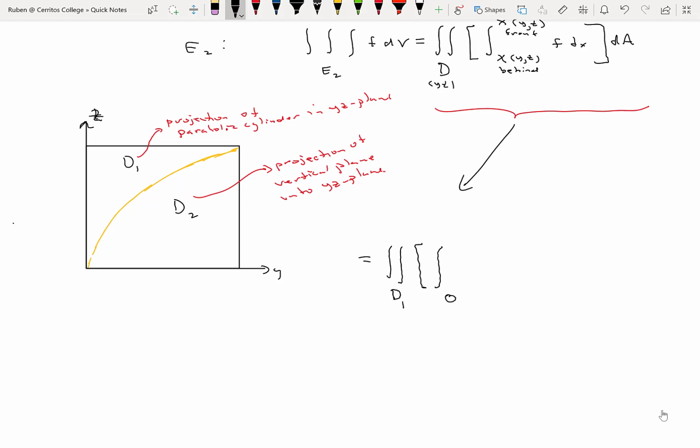Well, the surface in front is the parabolic cylinder, z equals 1 minus x squared. But I'm integrating as x varies from surface behind to surface in front.